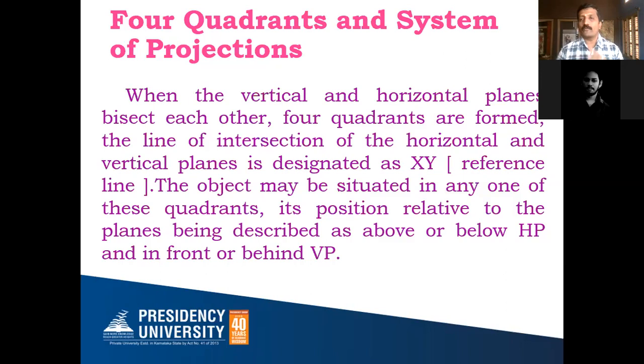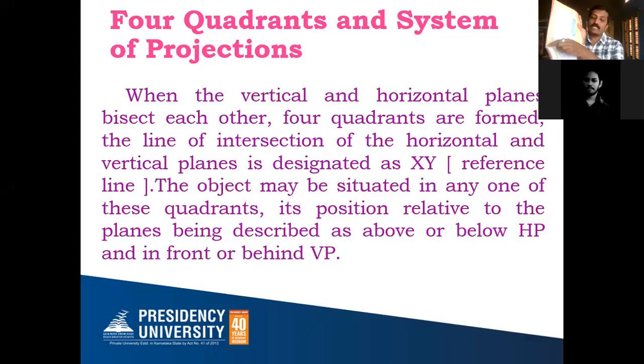You get four quadrants when the vertical and horizontal planes bisect each other. If we consider this as the horizontal plane and this is the vertical plane, if you bisect these two, you get the four quadrants.